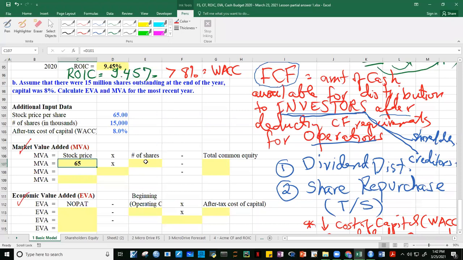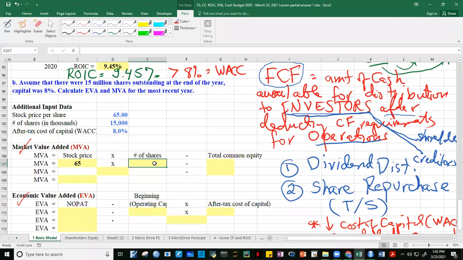So how are we going to compute for the market value of the company now? We need to know the number of shares. We have 15 million shares. Since all figures here are in thousands, our number of shares should also be in thousands, so we have 15,000 shares.